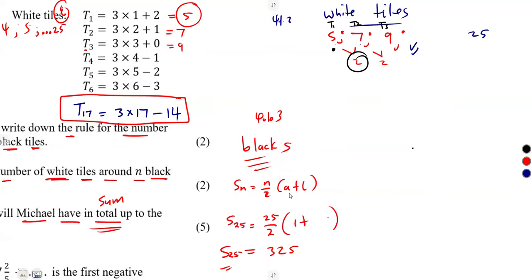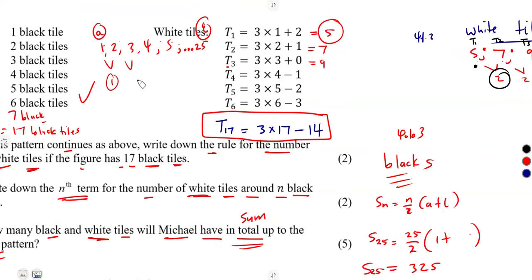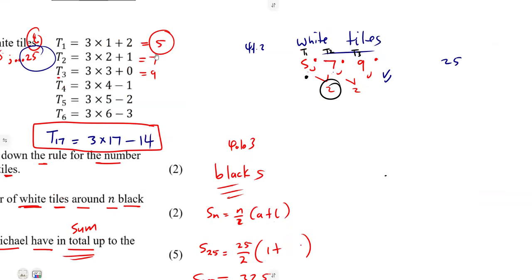This formula is used when you know the first and the last. Here we knew it because we are counting 1, 2, 3, 4, 5, up to 25. So you can know that the first one is 1, the last one is 25. But here, look at the way that you are counting: 5, 7, 9.